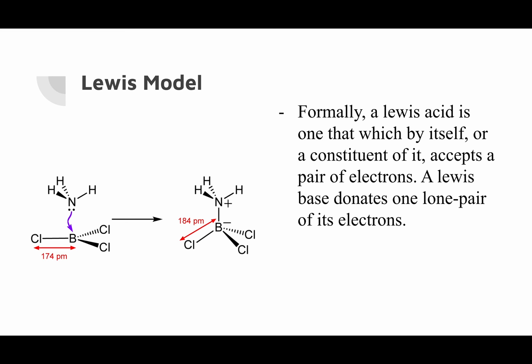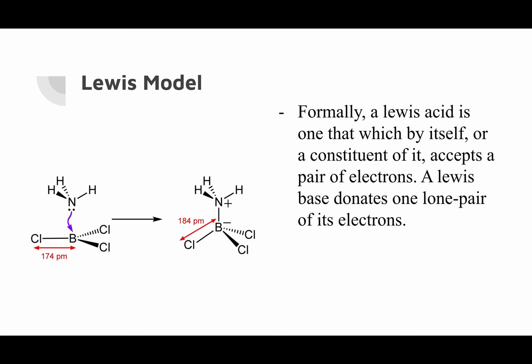For that hydrogen ion to be donated, there has to be a pair of electrons that the hydrogen ion can latch onto. And so the hydrogen ion part of the Bronsted-Lowry acid serves as a part that accepts a pair of electrons. Therefore, a Bronsted-Lowry acid is also a Lewis acid.